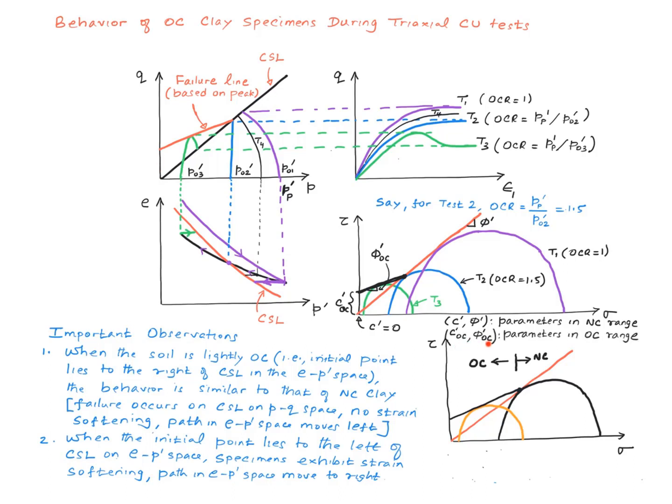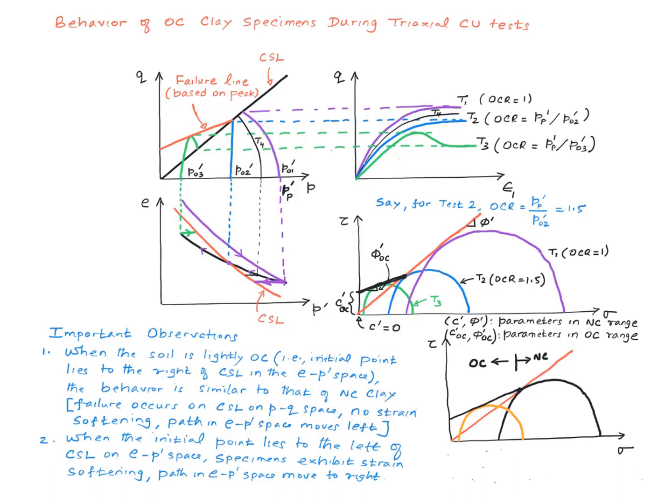So these we call the shear strength parameters in the overconsolidated range. So now you can see the shear strength parameters depend on the degree of overconsolidation. If it's normally consolidated, we have one set. If it's an overconsolidated soil, we have another set. But that set now depends on the overconsolidation ratio.